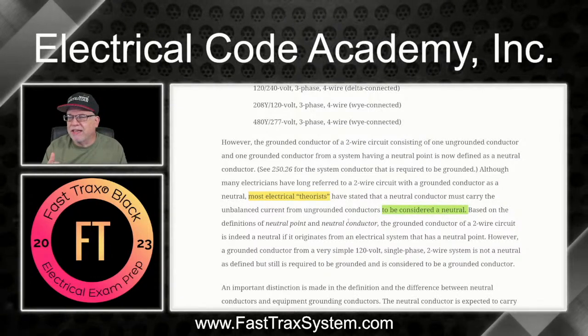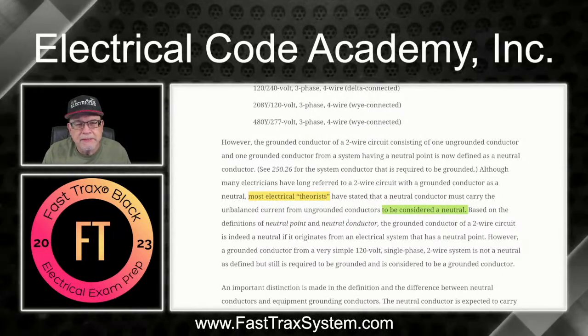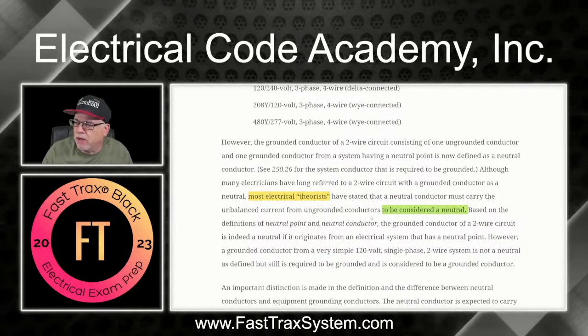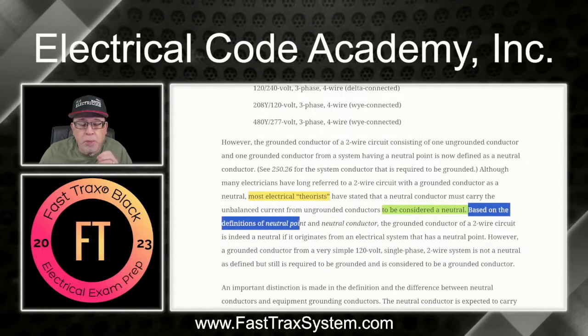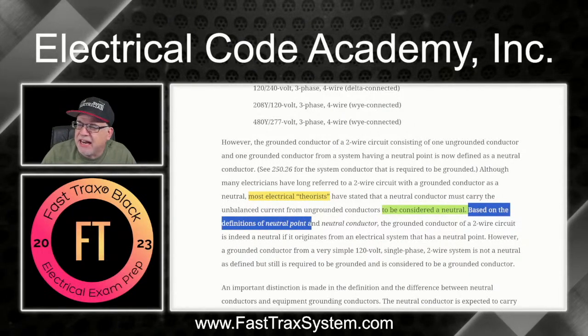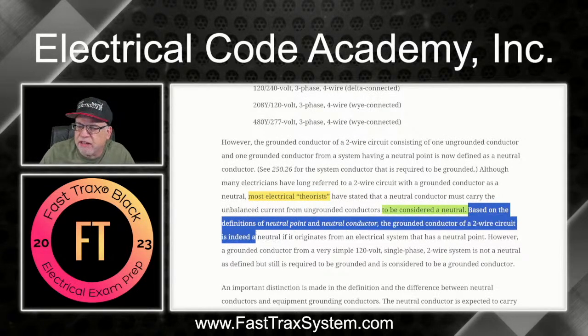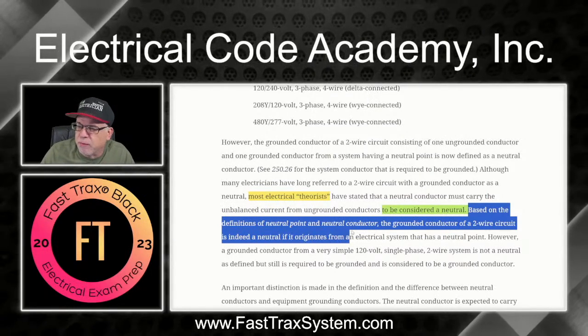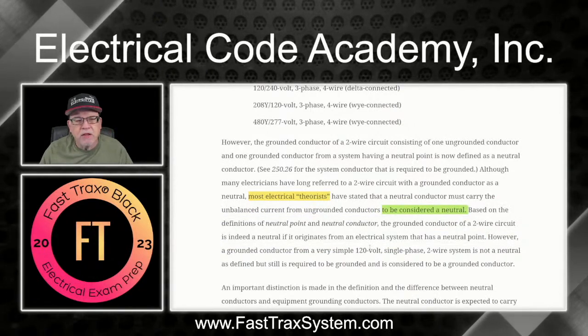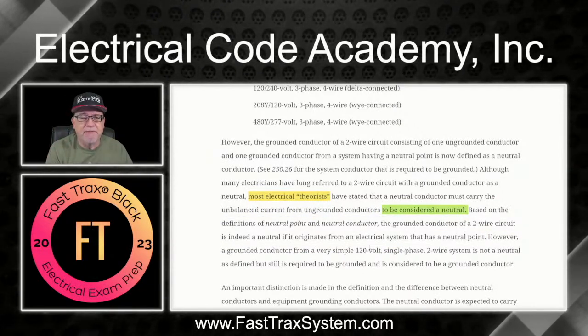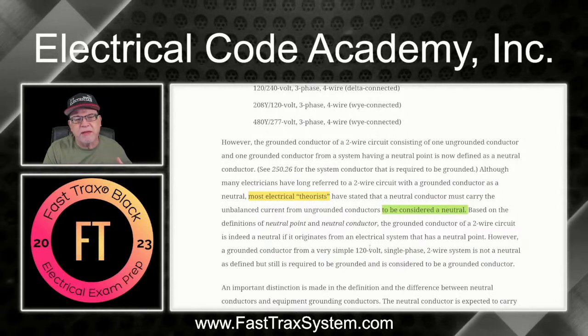They'll argue that it's not a neutral because it's not doing that. Well, check this out. Based on the definition of neutral point, which was added in 2008, and neutral conductor, the grounded conductor of a two-wire circuit is indeed a neutral if it originates from an electrical system that has a neutral point. So that's the semantics of theory versus what the code says something is for the use of the NEC.